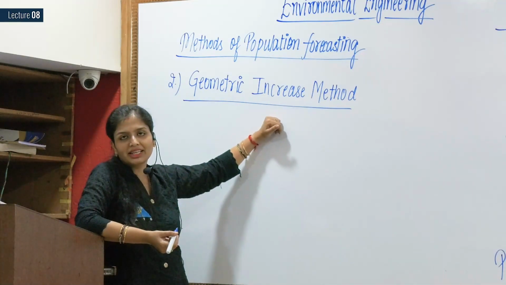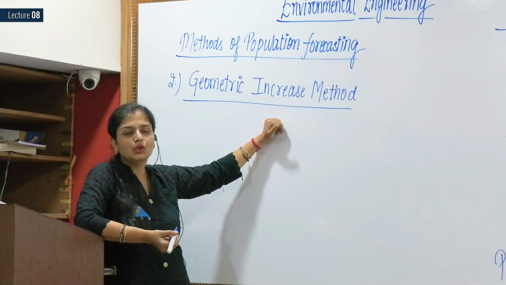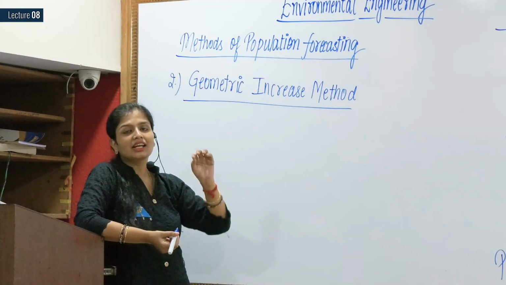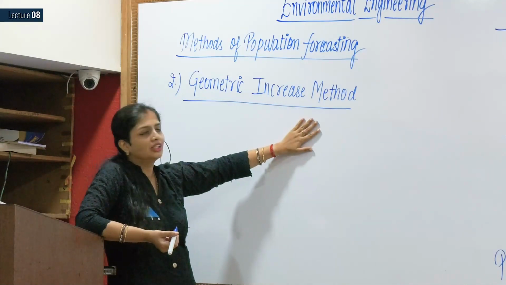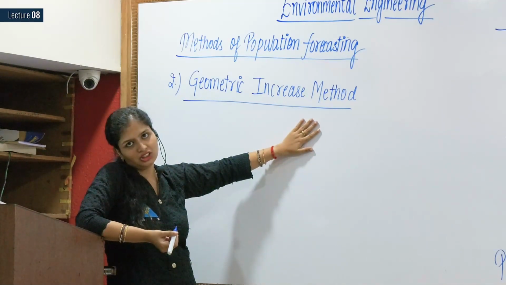While in the arithmetic increase method, I was telling you that the rate of growth of population was constant, but here I am telling you the percentage increase in population is constant.